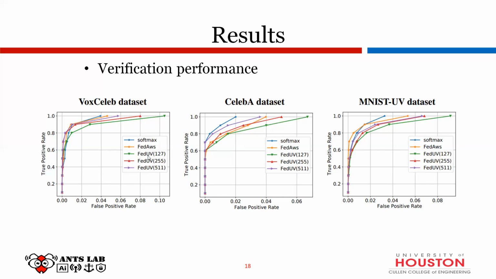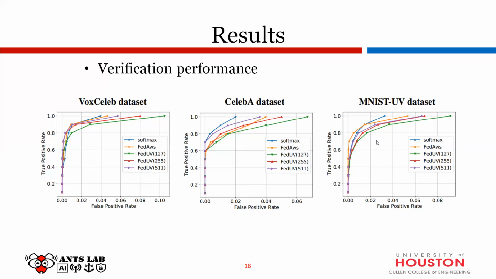Here, the green line, the red line, and the purple line might have slightly worse performance when the true positive rate equals 1.0, but they have pretty similar results, at least close to 0.9, and that holds for all the other data sets. There are also times that FedUV is better than FedAWS, averaging with spread-out.